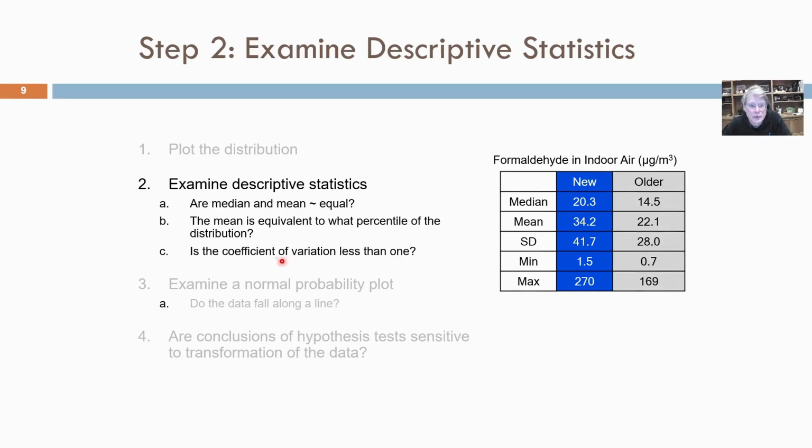Another useful metric is to look at the coefficient of variation. So you may recall the coefficient of variation is the ratio of the standard deviation, shown here as SD, to the mean. So you can see the standard deviation for the newer homes, 42 microgram per cubic meter, is actually greater than the mean of 34.